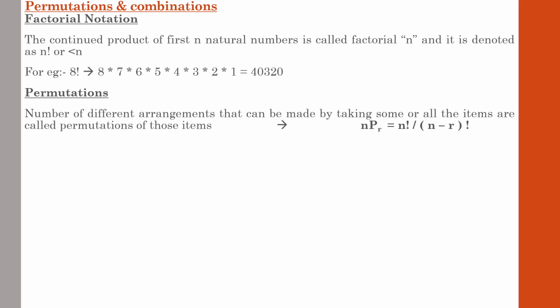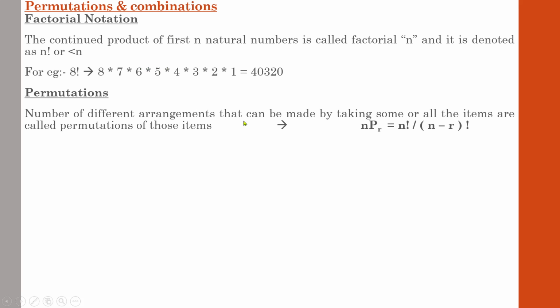Simply, if you are given some letters or numbers, and you are given a chance to take any number of items at a time and asked to create the number of formations or arrangements that can be made, that is known as permutation. You will get the clear picture with an example.